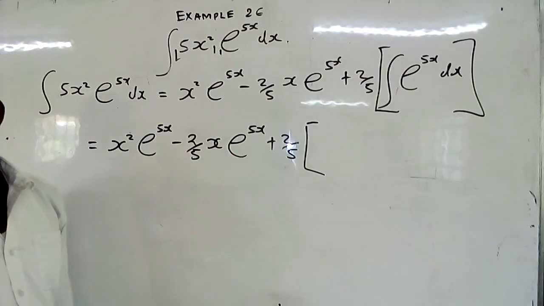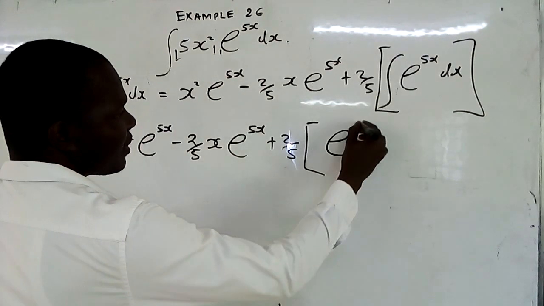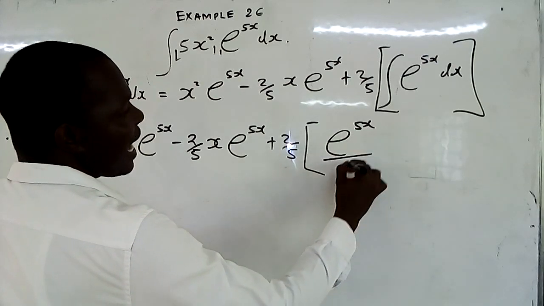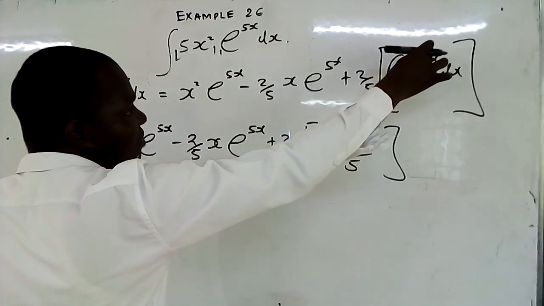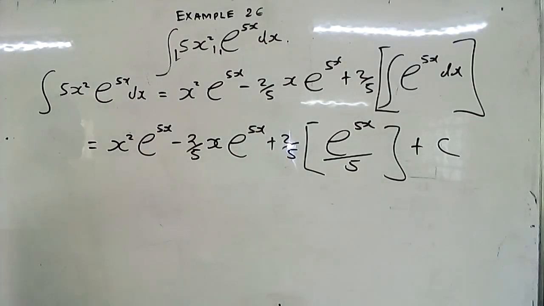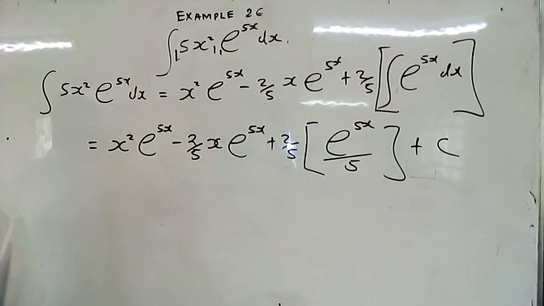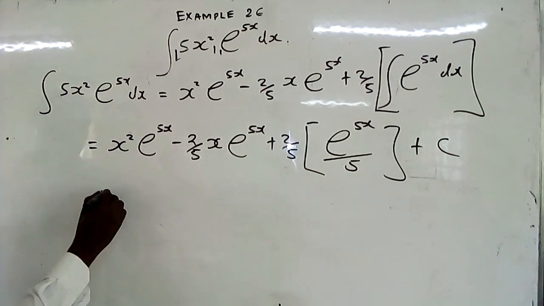If you integrate an exponential function, it remains the way it is. So we remain with exponential 5x, then we divide by the derivative of the inner function, which must be that constant you are seeing there. Then plus c at the end of the integration process. So you can now open this bracket. 2 over 5 divided by 5 is 2 over 25. Are we together? 2 over 25.